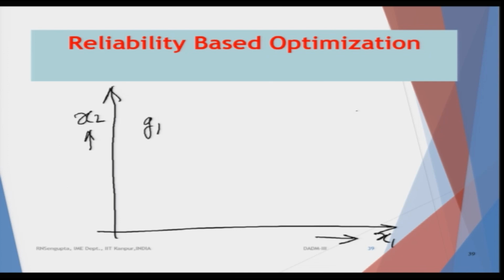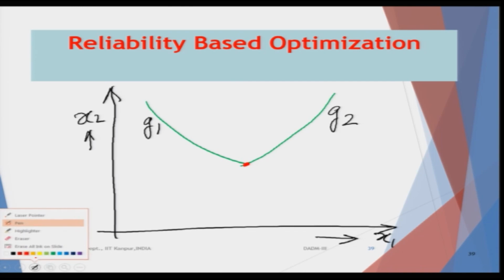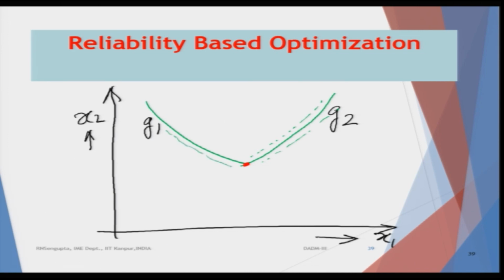I will have G1 here, G2 here, this is G1, this is G2, this is the solution in one case. So, it will be like this. Now, the variance would be important, but more important is the distribution per se.